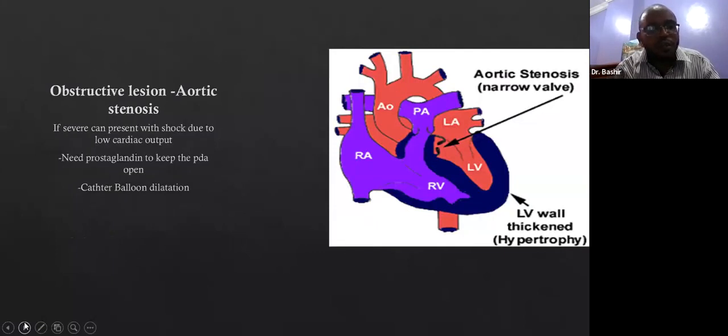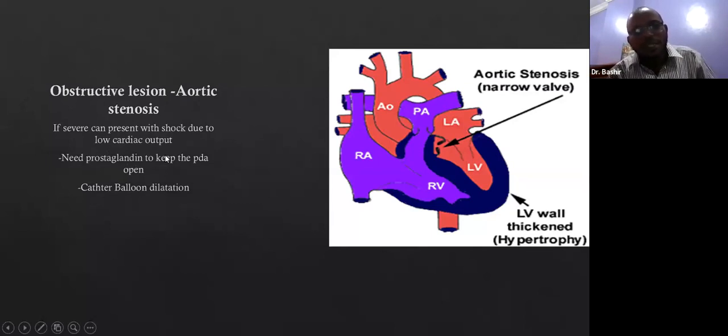Then we will go to the obstructive lesions, either obstructive to the right side of the heart or to the left side of the heart. Obstructive lesion of the left side of the heart, we will start with aortic stenosis. It can be very severe or critical and can present with shock due to low cardiac output, because this is the only outlet to the systemic circulation.